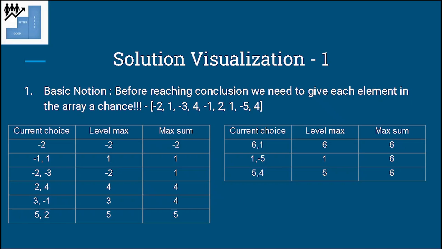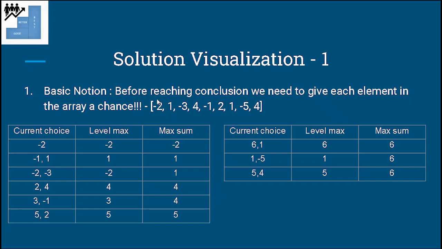Before reaching a conclusion for the solution to this question, we need to give each element a chance, right? So in order to give each element a chance, what can we do? Let's start with the first element because the subarray will have at least one element.